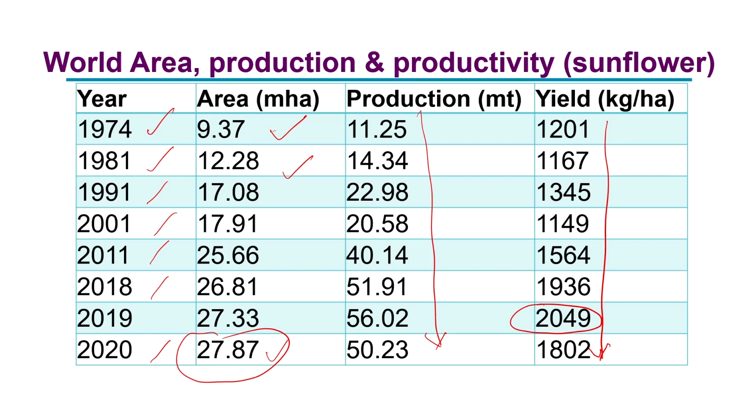But then in 2020 it decreased to 1802 kilogram per hectare. So currently its productivity is 1802 kilogram per hectare.